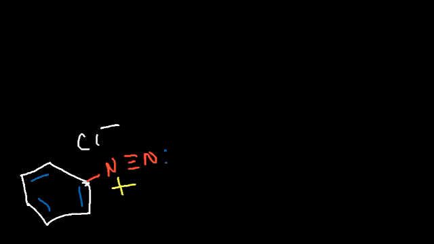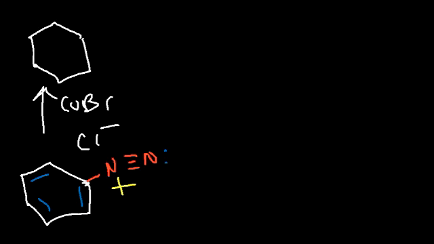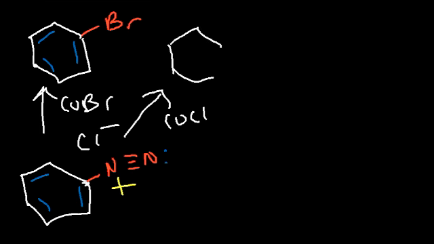Now, from this reaction, there's a lot of things you can do. You can add copper bromide, and it's going to replace the N2 group with a bromine atom. So you're going to get a bromobenzene. Or you can add copper chloride, CuCl, and you can get chlorobenzene instead.